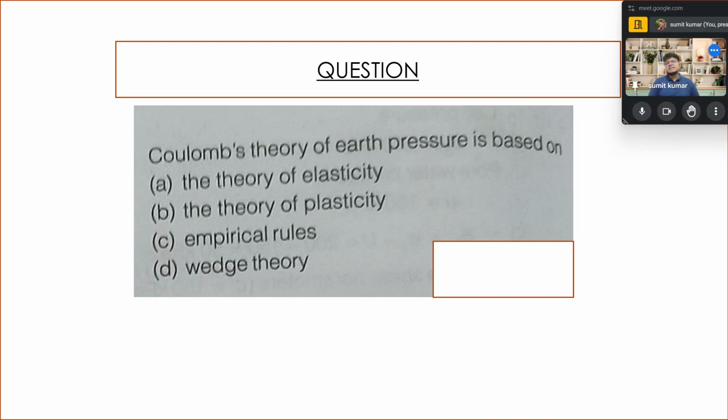We state that the Coulomb theory of earth pressure is based on the theory of elasticity, theory of plasticity, empirical rules, or wedge theory. We have understood the Coulomb wedge theory during the previous class. Is there any empirical relation mentioned over there? No, I am not able to see any empirical relation during that class.